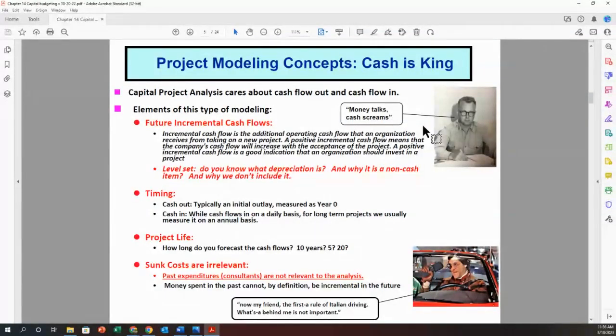And the cash in, the profits from the project, while they accrue on a daily basis, daily sales, daily business, for these longer term projects we typically measure them on an annual basis. Maybe you'll do quarterly, but for the most part, we use annual.